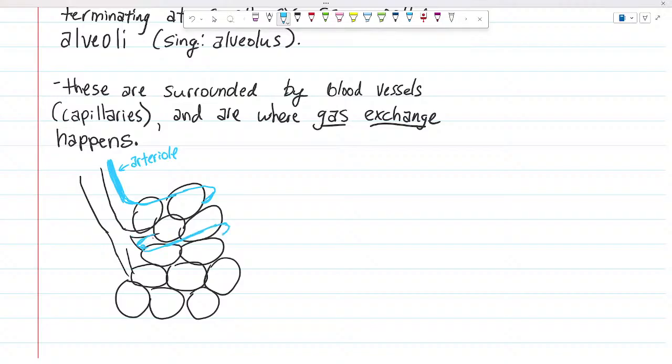And then we'll see them come here, and they'll go around it again, and they come back out here, and they just go right around them, because what are they doing? They're doing gas exchange. They're absorbing oxygen into the blood, and they are removing what from the blood?